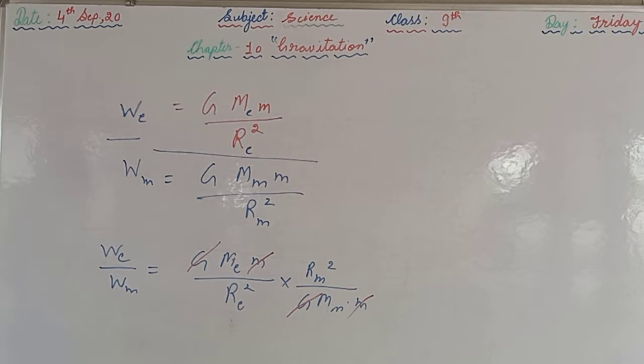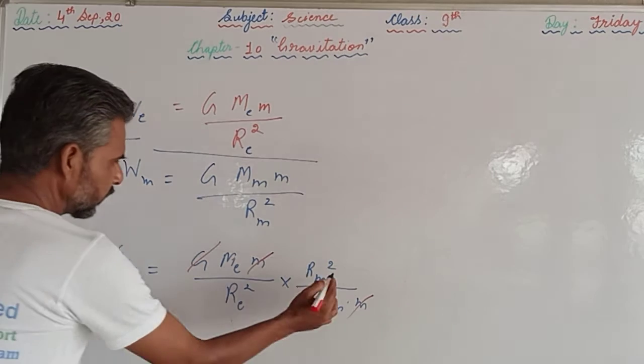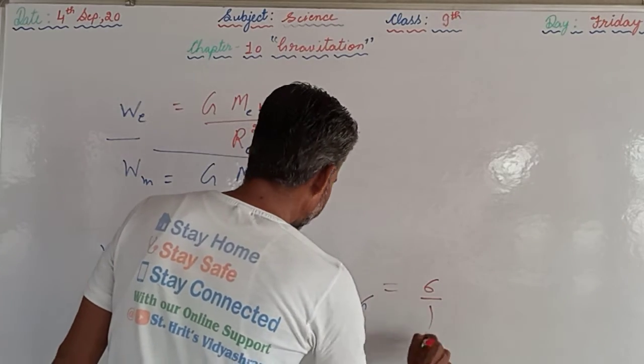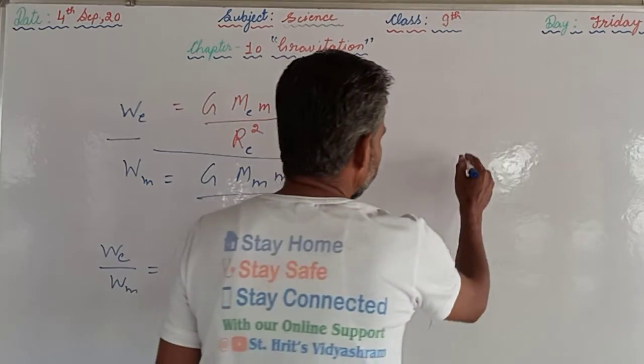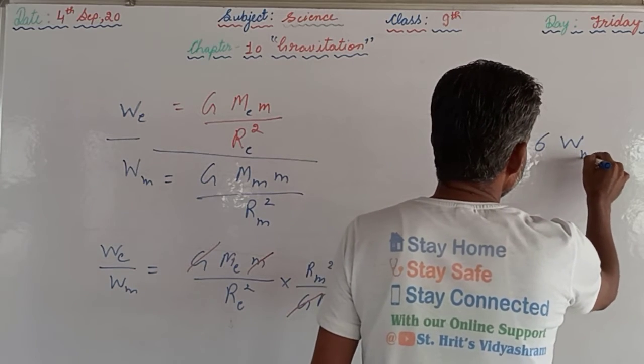So at the end if we compare that, this relation will be equal to 6 upon 1, meaning weight on the earth will be equal to 6 times weight on the moon.